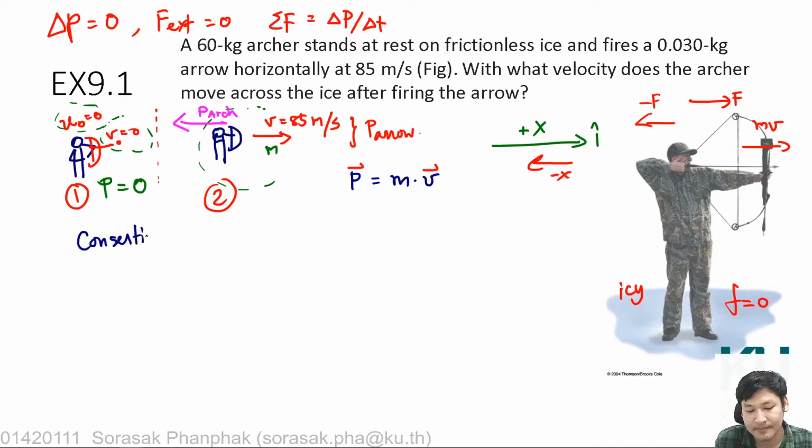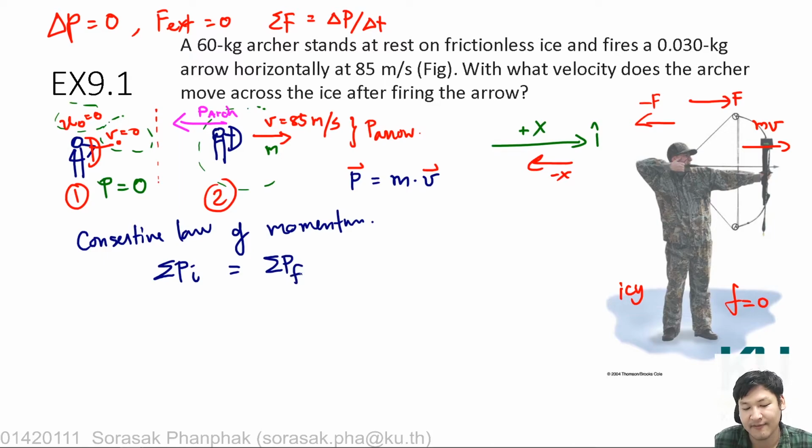So we now apply the conservation law of momentum, which is sigma p initial equals sigma p final. What happened initially, the net momentum is zero. And finally, we should have the momentum of the arrow plus the momentum of the archer, and the sum should equal 0.